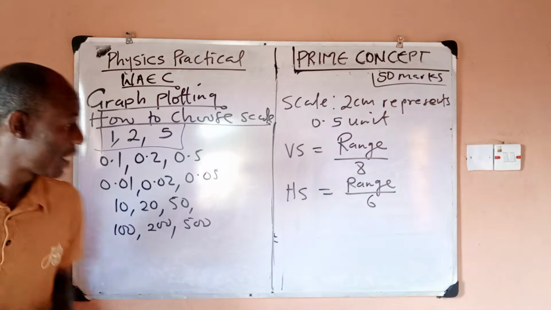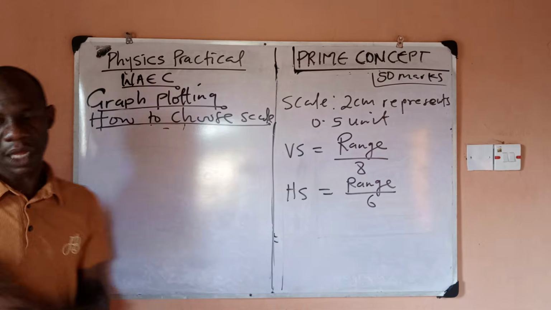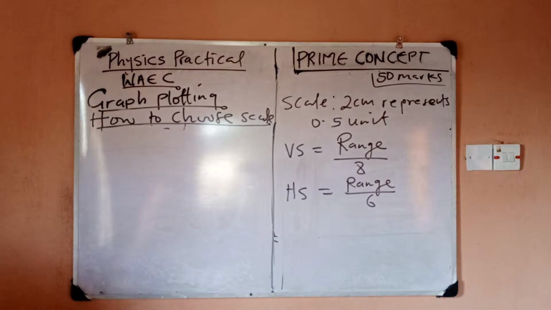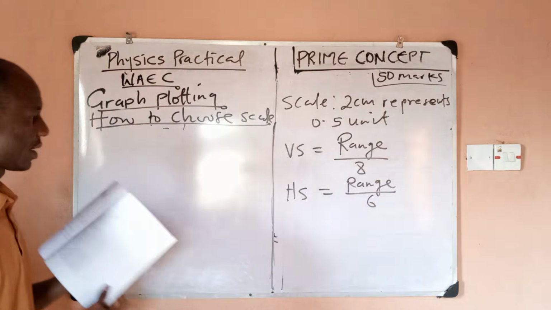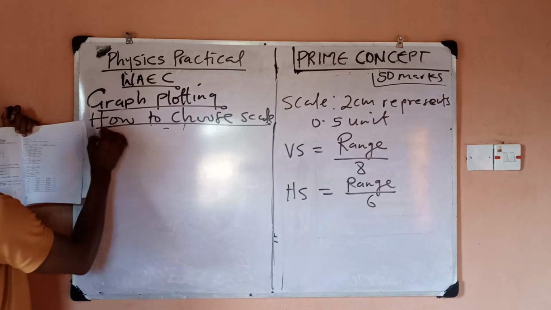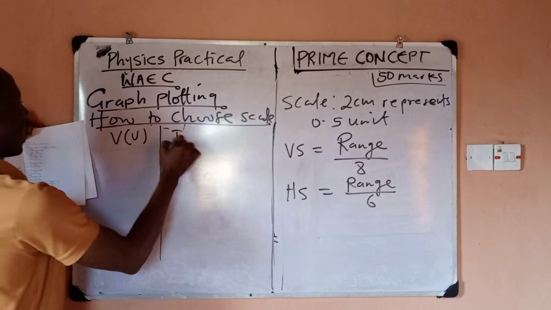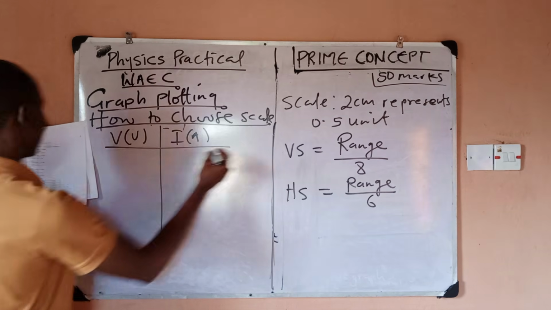Now, this is what I mean. Let's say we have this set of values and we're going to be plotting the graph. We have V in volts, we have I in amperes, and these are the values.